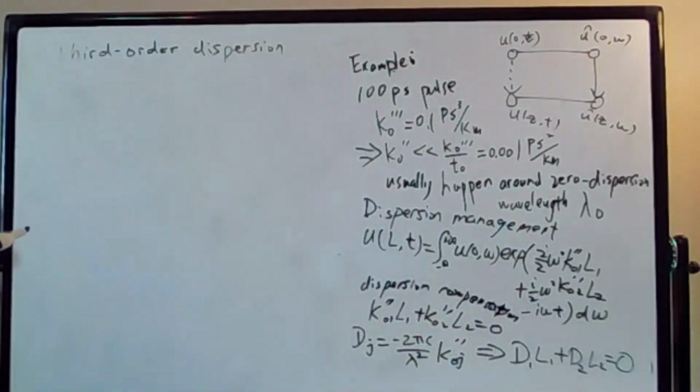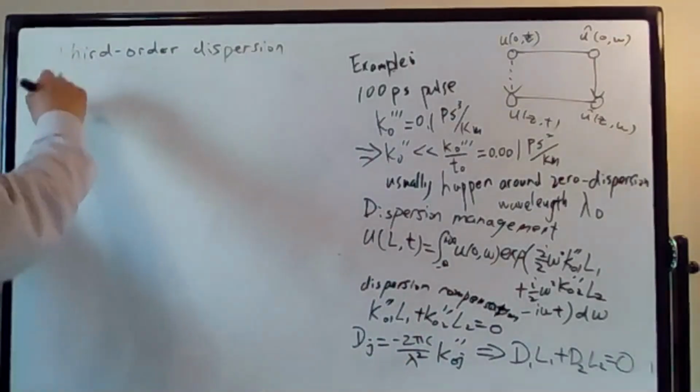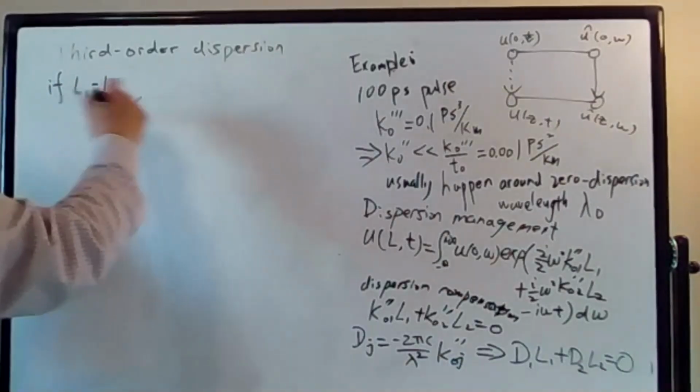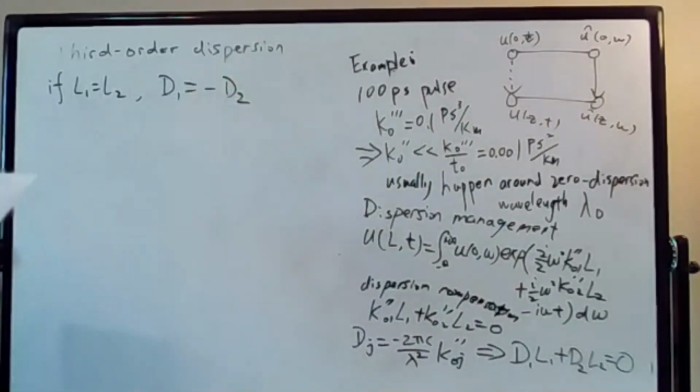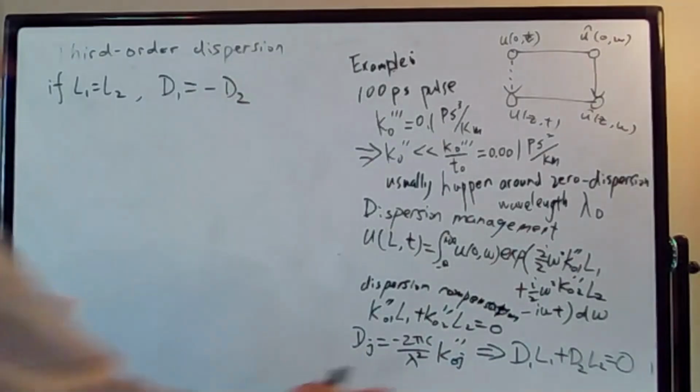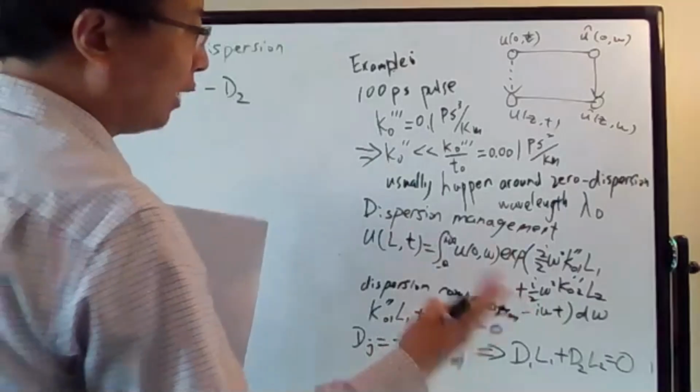So if L1 equals L2, then D1 equals negative D2. That's the compensation of the second order dispersion.